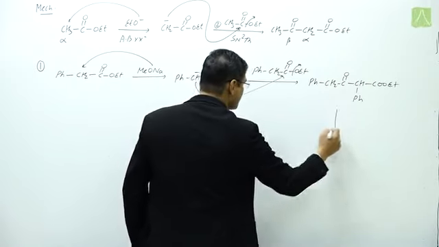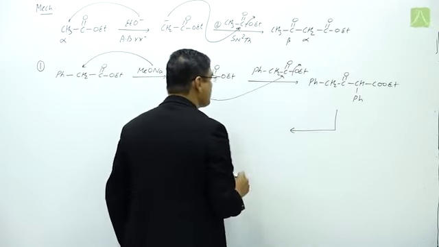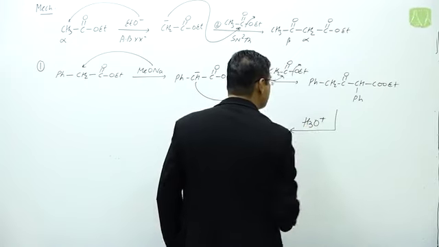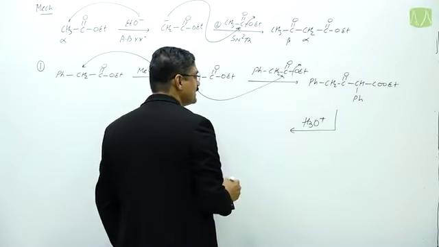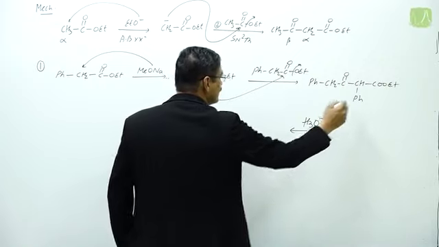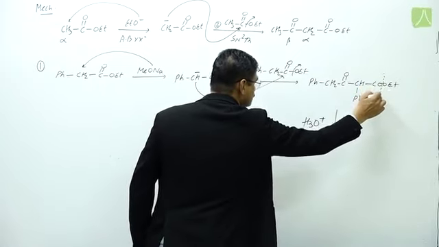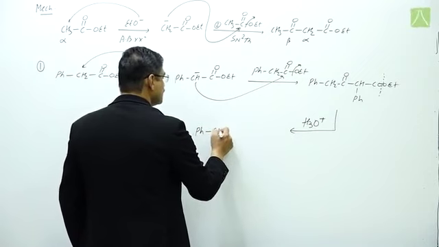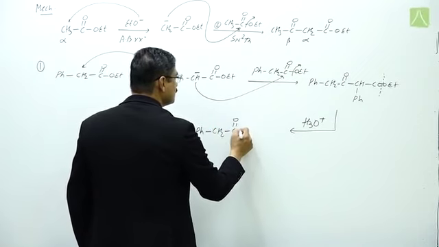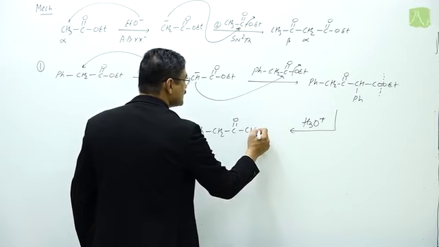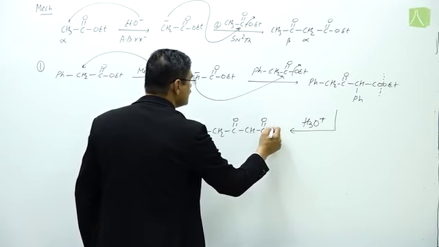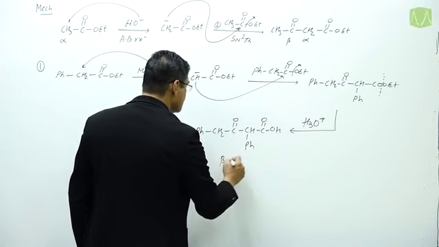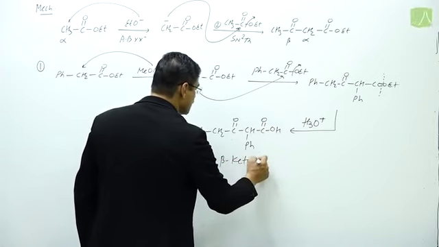If I extend the reaction, then after hydrolysis, ester hydrolyzes in acidic or basic medium both. So, after hydrolysis of ester, PhCH2COCHCOOH. This is beta keto acid.